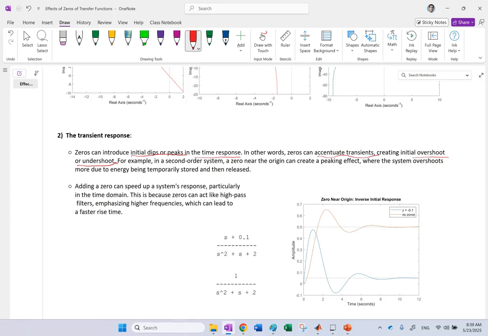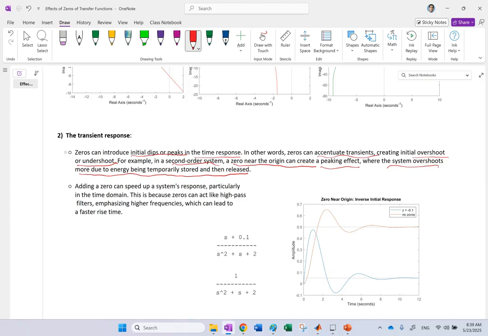As an example, if you have a second order system and you add a zero near origin, you can create what we call a peaking effect and make the system create more overshoot. Why? Because of the energy that is temporarily stored in the system and then released in the beginning.